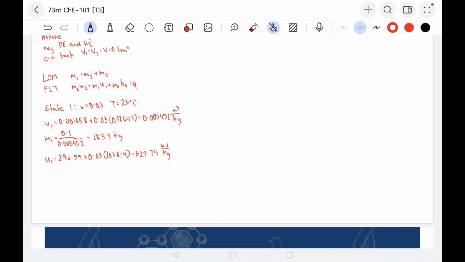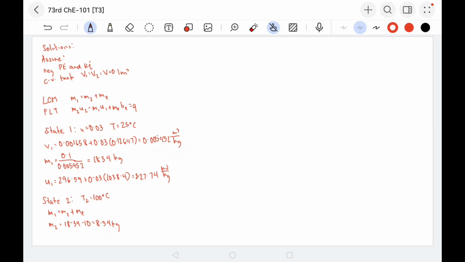Let us now analyze state 2. For state 2, the only thing that we know is that it is at 100 degrees Celsius. So using our mass balance, M1 is equal to M2 plus ME, which we now have values for both M1 and ME, we can solve for the value of M2 to be 18.34 minus 10, which is equal to 8.34 kilograms.